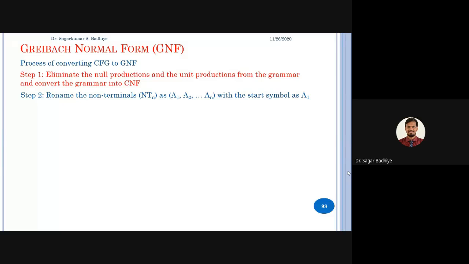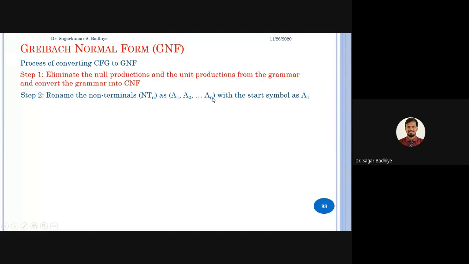And A1 will be our start symbol. You can name them A1, A2, or X1, X2, or S1, S2, any kind of name, but it should provide a sequence.